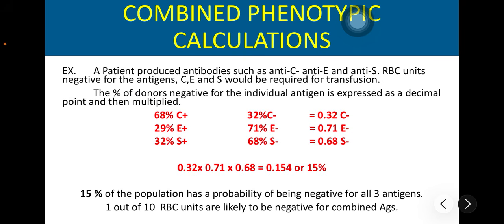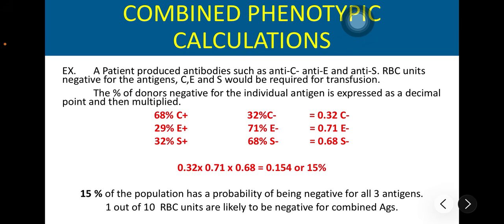So for C negative, 32% or 0.32: 100% minus 68% gives you 32%. For E negative, you have 71% or 0.71: you subtract 100% minus 29%, which gives you 71%. For S negative, 68% or 0.68: 100% minus 32% gives you 68%.